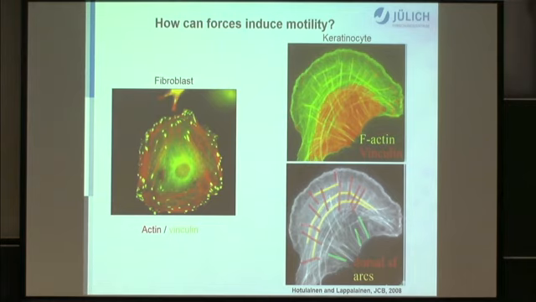Here you also have those dorsal stress fibers connected at the lamellipodia to the focal adhesions, and then inside the cell body, the lamella, those systems connect to transversal arcs.